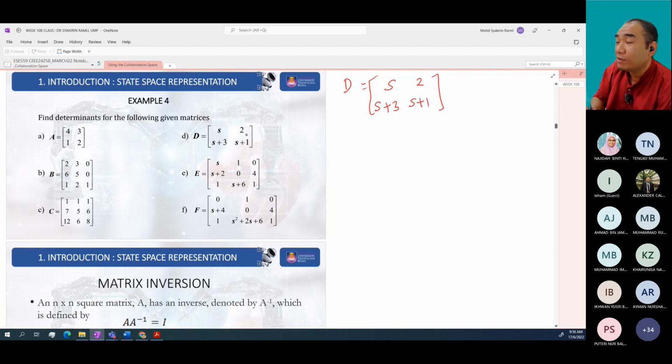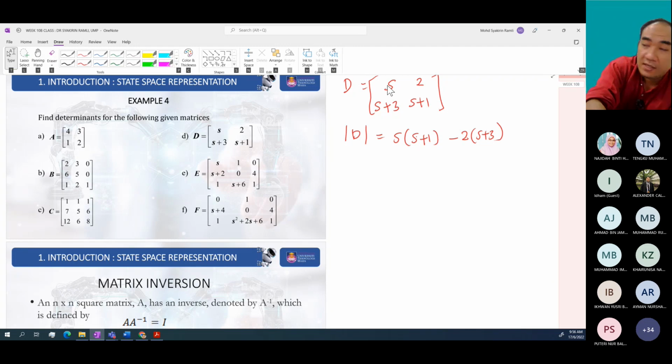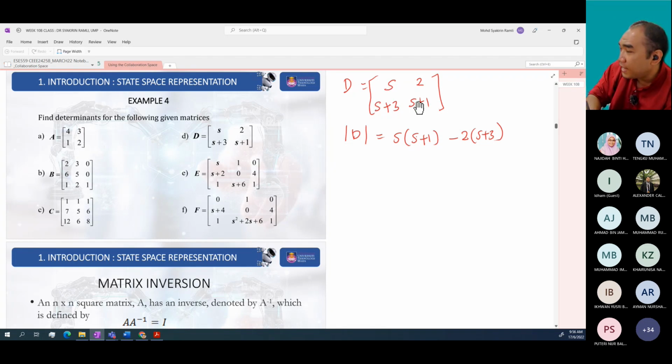The same concept is still used, whereby the determinant of the matrix D is simply the multiplication of S with S plus 1, minus 2 multiplied by S plus 3. Okay, S here comes from here. So we have S multiplied by S plus 1 minus 2 times S plus 3.